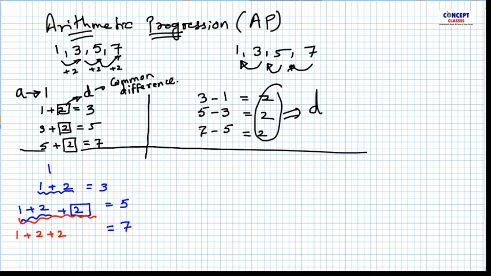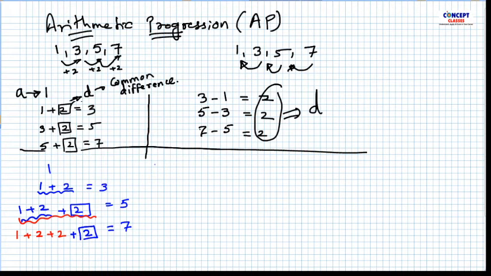And now what will I add here? I will add the common difference, which is plus 2. So I will get my next term. This is another way of looking at this.